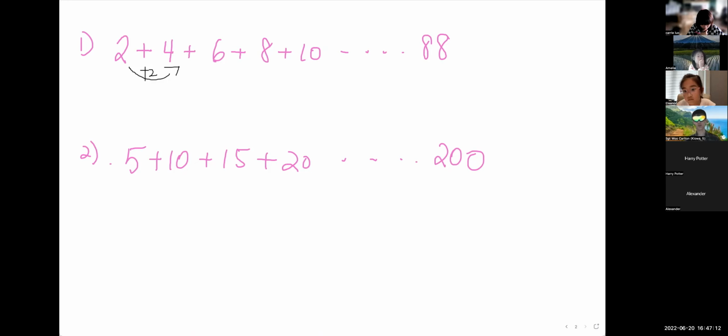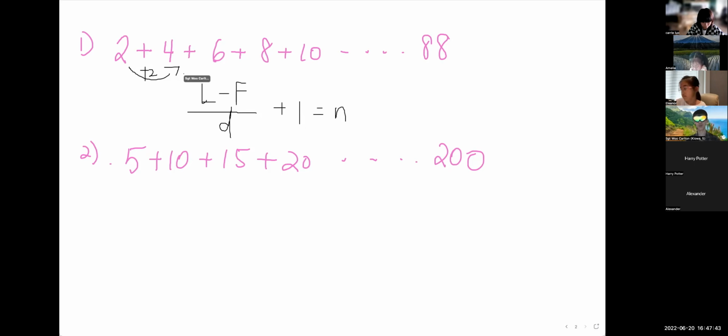So I'm going to add on to our previous rule. You have your last number, which is L, your first number, which is F, and then you used to just plus 1, right? And then it'll equal your amount of numbers, which is N. Now we have a difference here and it's not 1.